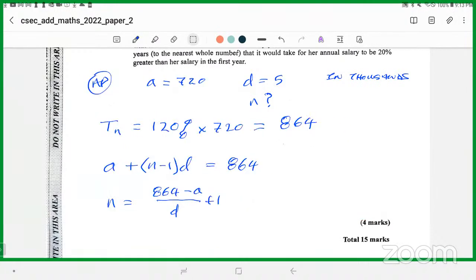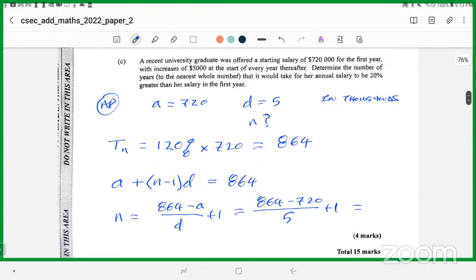All right, so if I plug in the values, it will be 864 minus 720 divided by 5 plus 1. Somebody work this out for me now, please. 29.8?